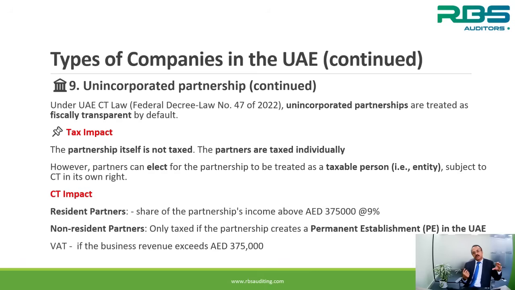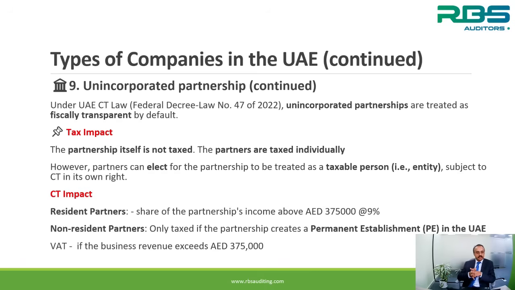If three people have entered into an unincorporated partnership, each partner is taxed individually. However, there is an election option: partners can elect to treat the unincorporated partnership as a taxable person, and in that case the individuals will not be taxable. So either the individuals or the unincorporated partnership will be taxable.